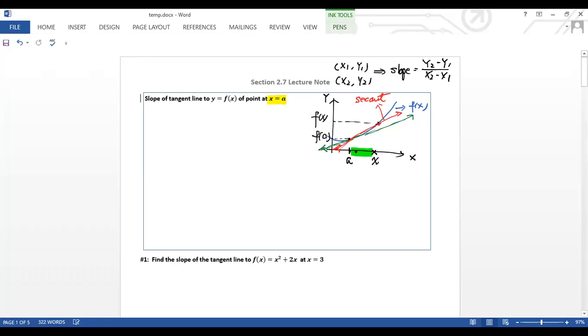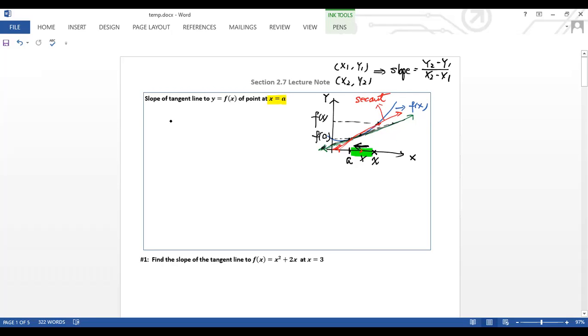If your x is moved over to here, then you connect it, this black line you connect with x is getting pretty close to my green line. So for the secant line, the concept we had before, when x gets closer and closer to a, my secant line will become very close to my tangent line.